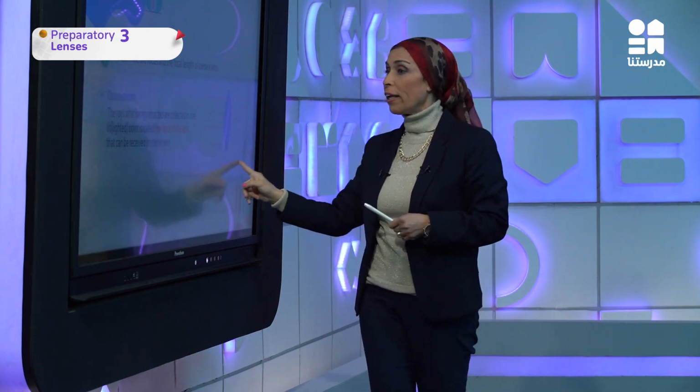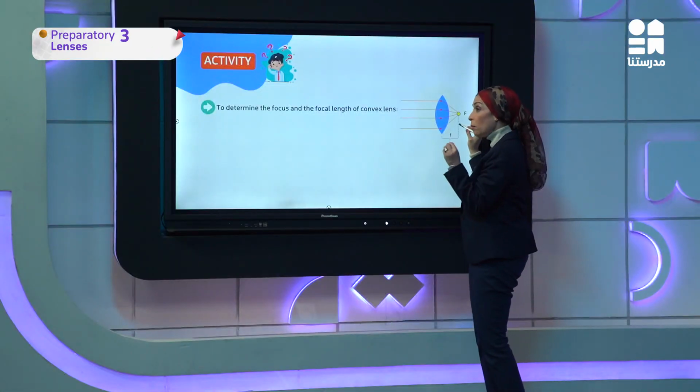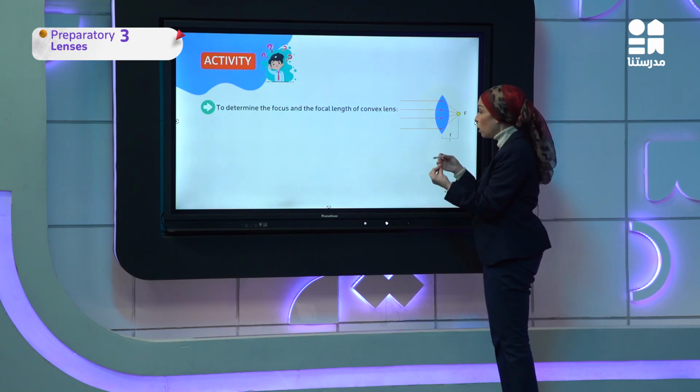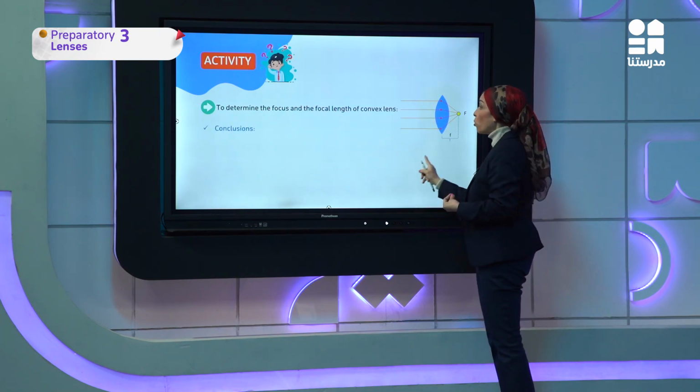But remember, if I said I can receive this point on the screen, so it's real ولا virtual? Yes, it's real. Okay, so after that we can see how can I determine the focus and the focal length of the convex lens? After I got this lit point, I use a meter or a ruler and start to measure.